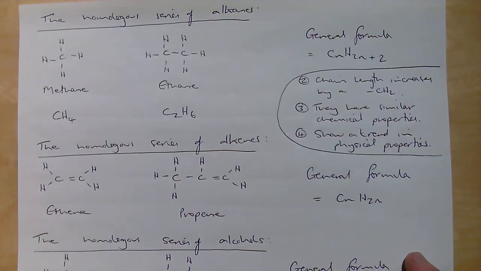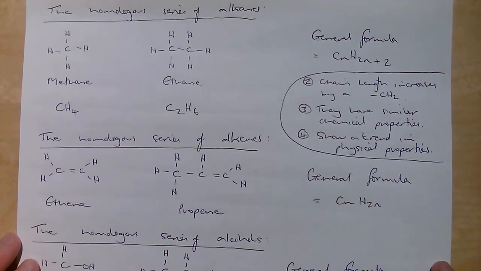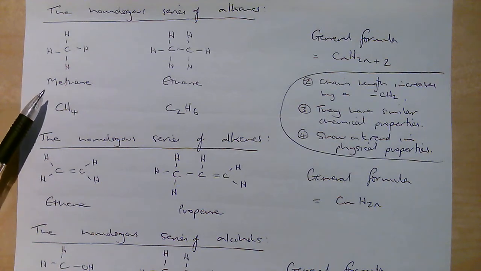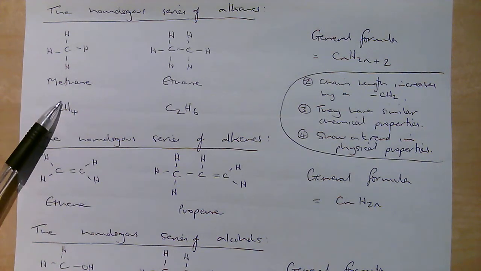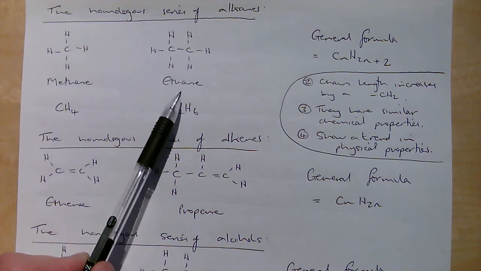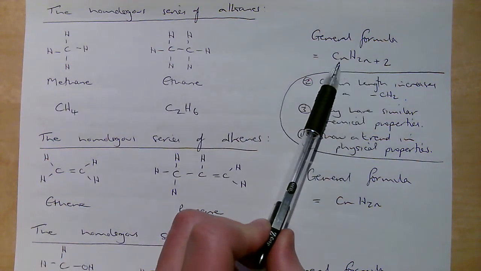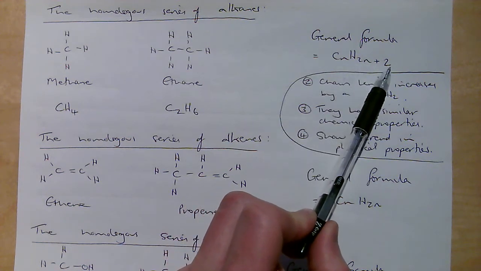Okay. Finally then, let's have a little look back at the homologous series of alkanes. The first alkane in our group is methane, CH4. Then the second one is ethane, C2H6. The general formula for an alkane is CnH2n+2.